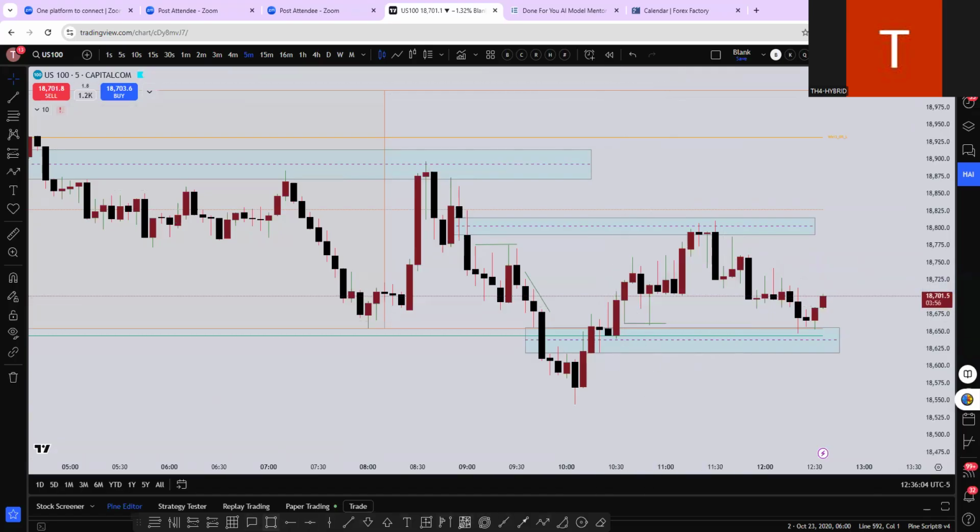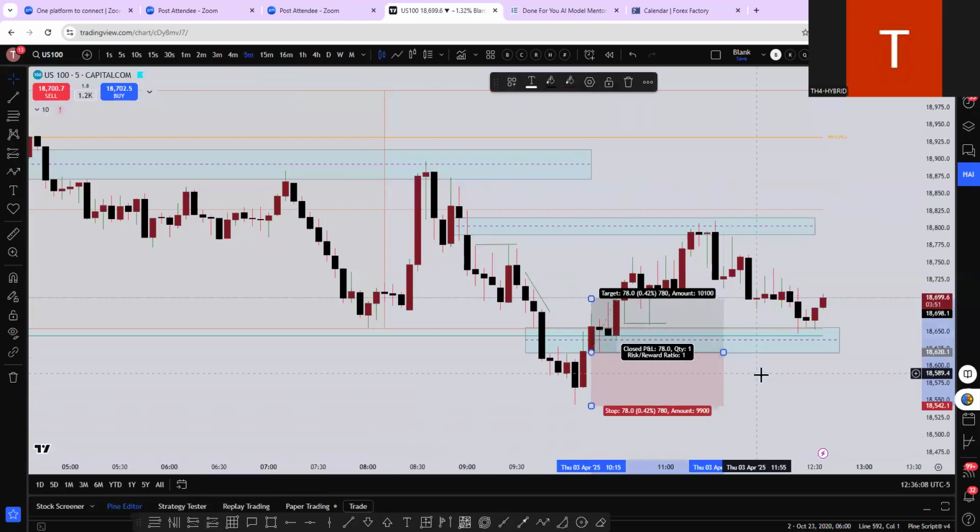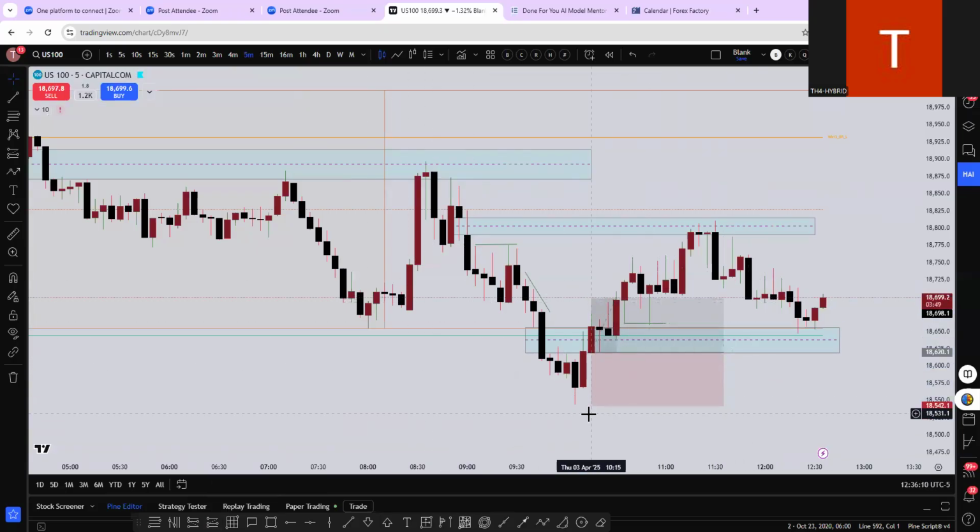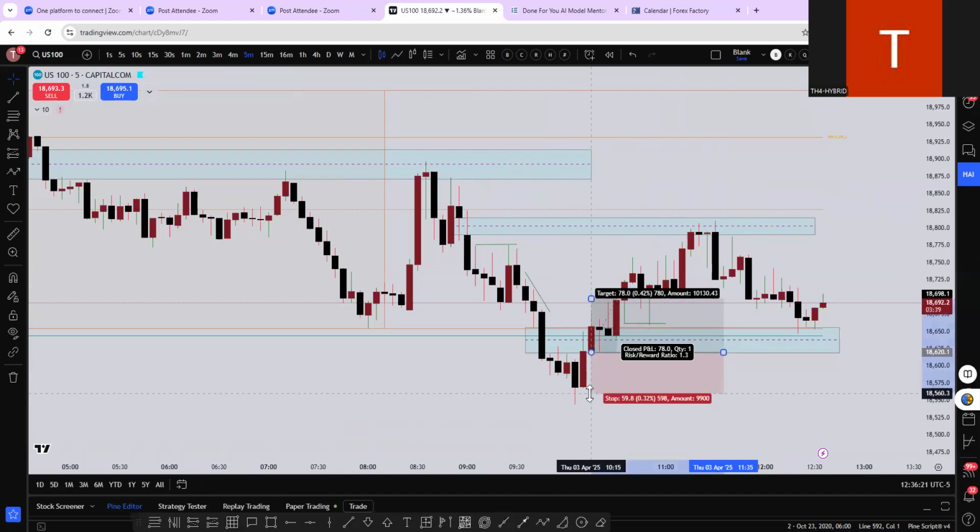So what you want to do is when you enter, you have to understand where the trade can get invalidated and where it can come to. So 50% of this order block, even down here, can possibly get wicked. So if you are taking the trade, it's a large stop.